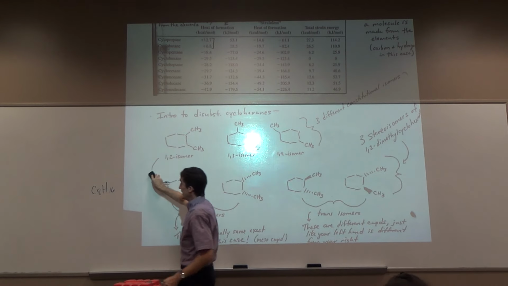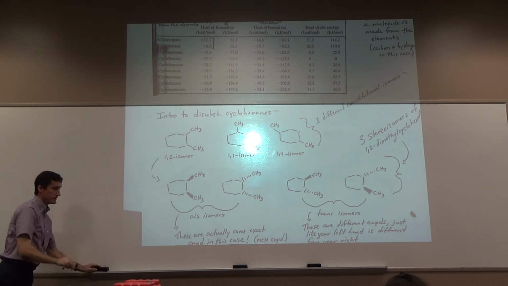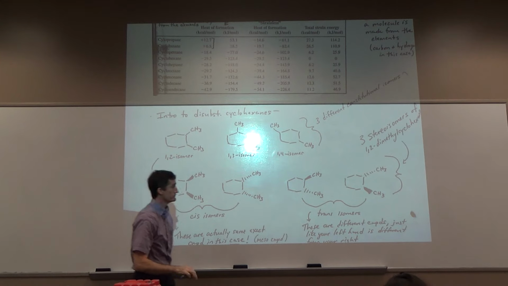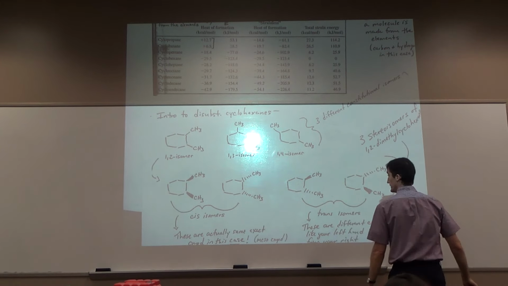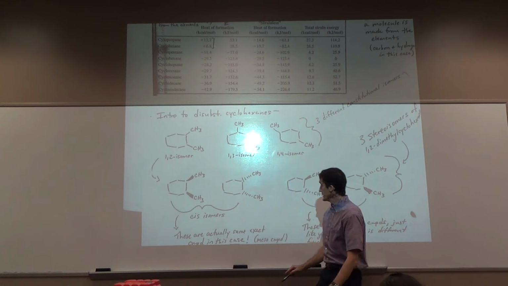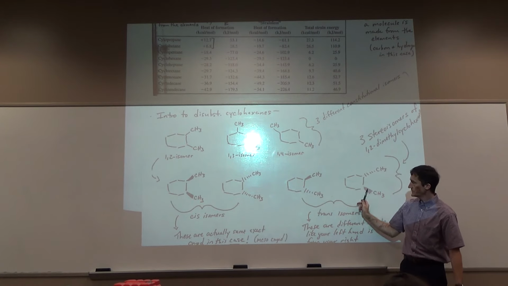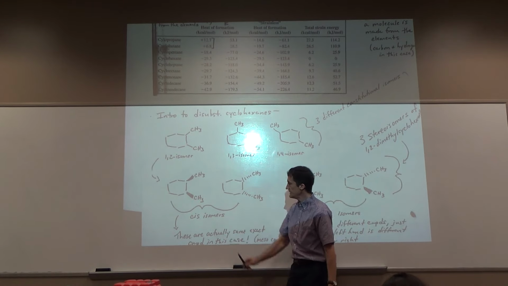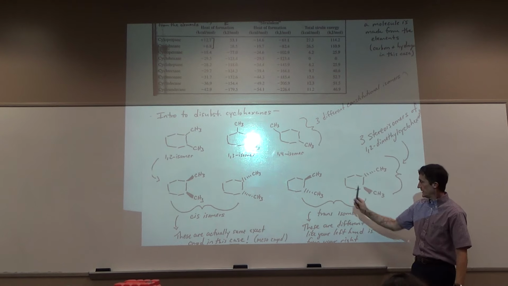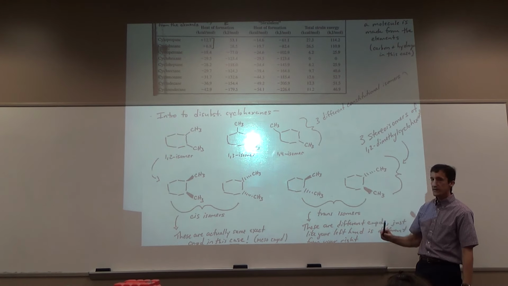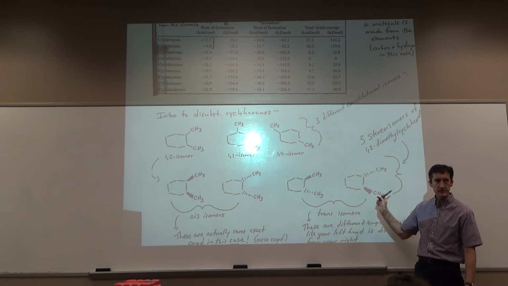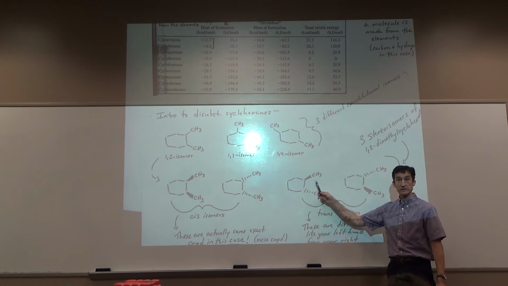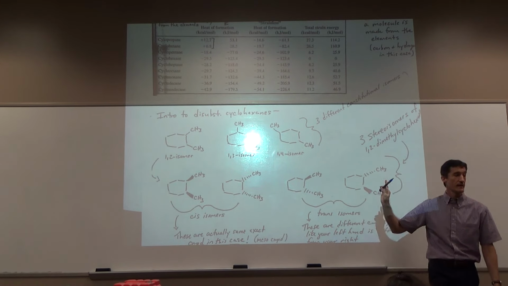Stereoisomers have the same exact name except for a descriptor. Down the road we'll figure out why these are different and why these are the same. Since these are different, you're going to have a second descriptor to tell them apart, because just saying trans doesn't tell you which one we're talking about. That's stereochemistry.